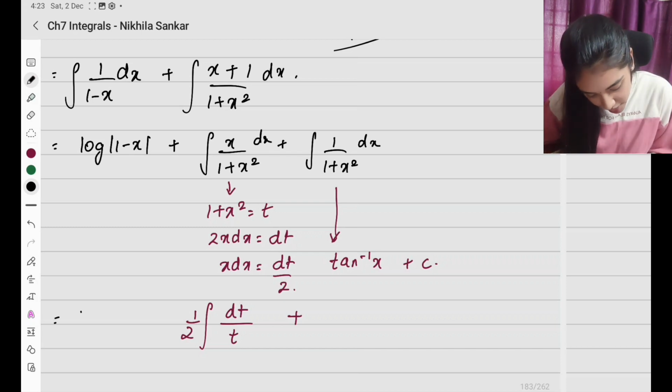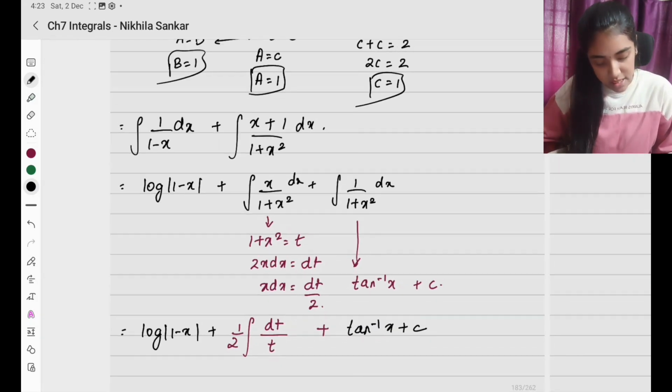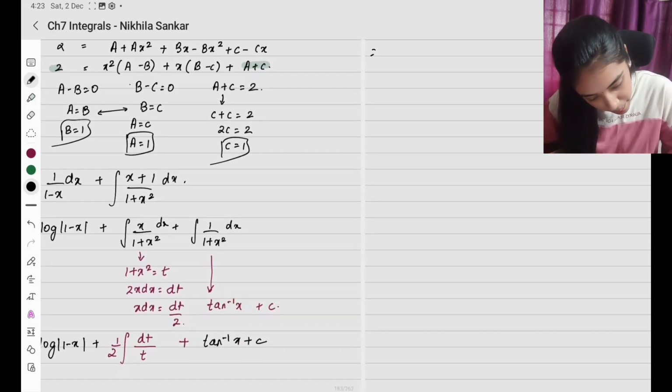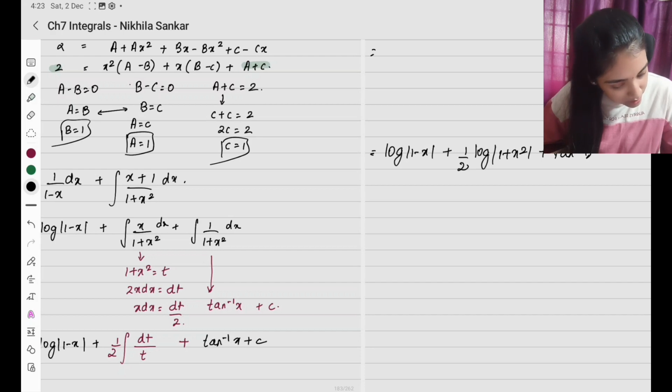Here I have log mod 1 minus x plus half dt by t plus tan inverse of x plus c. Let me simplify dt by t. Log mod 1 minus x plus half dt divided by t, which is going to be log mod t. So what is my t? 1 plus x square. So log mod 1 plus x square plus tan inverse of x plus c.